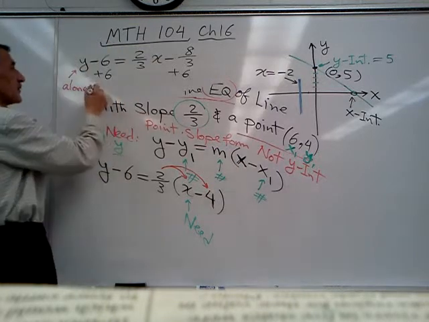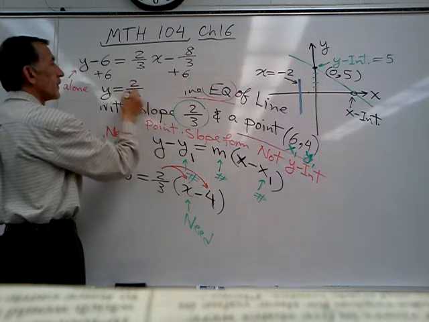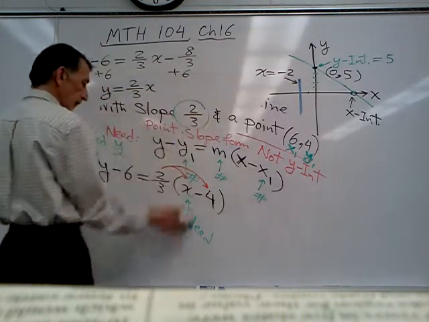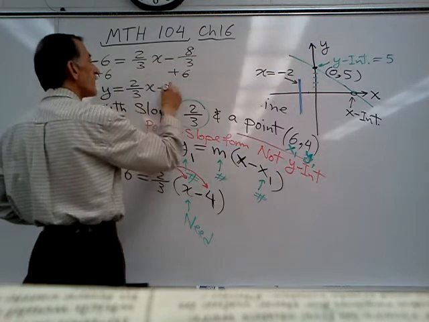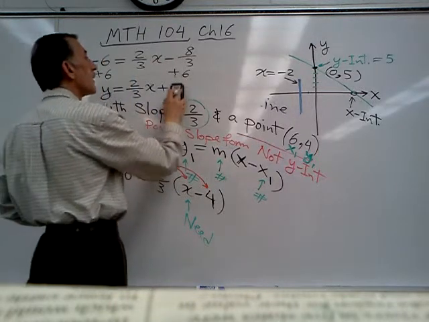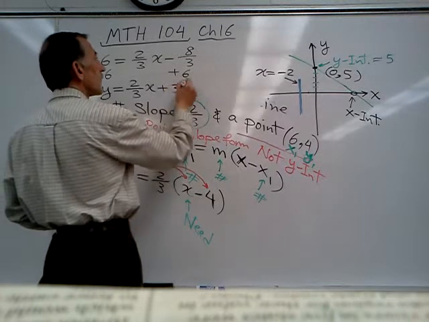So let's work it out, and we get y equal to 2/3 of x minus or plus, that's going to be 2 plus 4, no, plus 3, that's going to be plus 3 and 1/3.